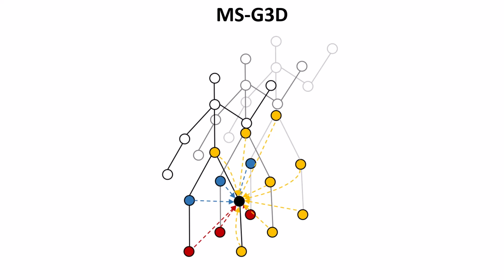But now they say, in addition to these yellow ones, we can also connect other ones that are further away, like this blue one that has distance of 2, or this red one that has distance of 3. And not only that, but we can also connect the joints in the next frames and the previous frames, but not on the whole frames and the whole joints for sure, only in the local area around this black node.